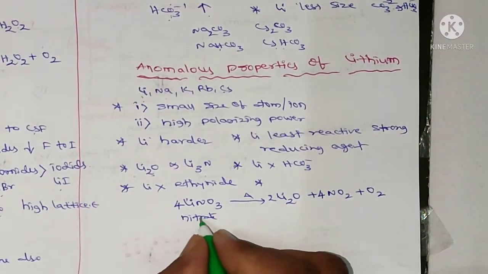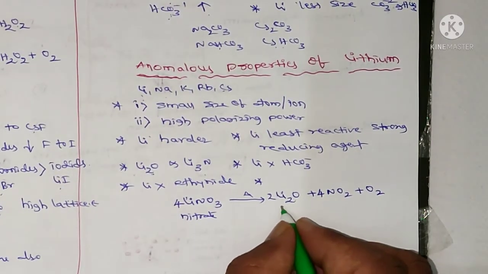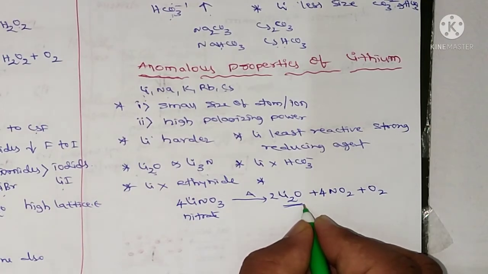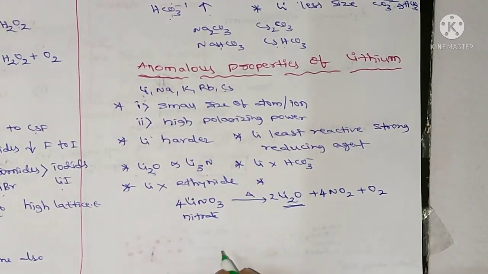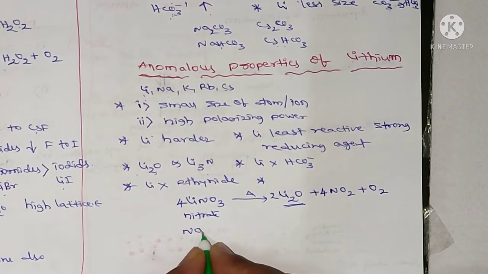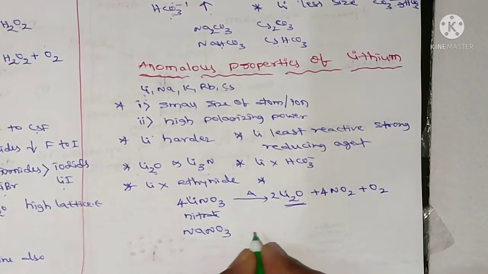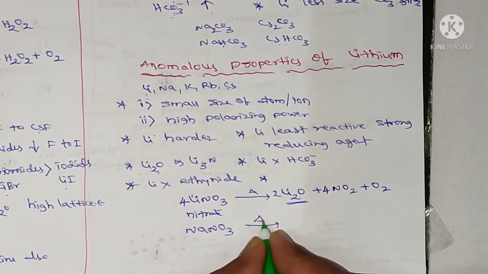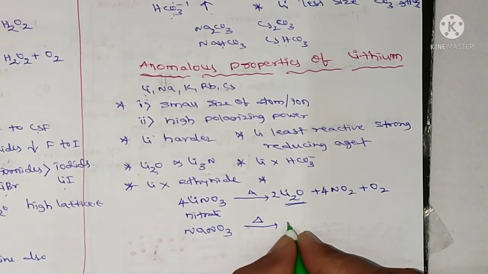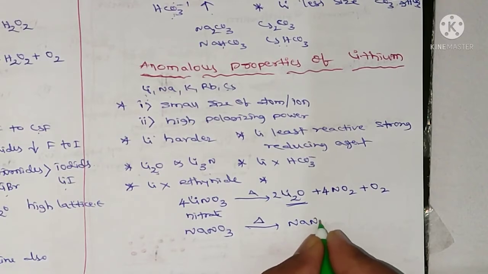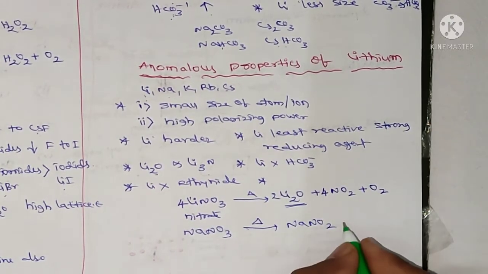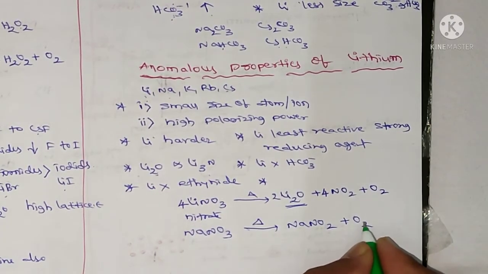On heating, the lithium nitrate can give lithium monoxide, but other metals can give nitrites. Let me take sodium nitrate, NaNO3. On heating, it will give sodium nitrite, NaNO2, plus oxygen.